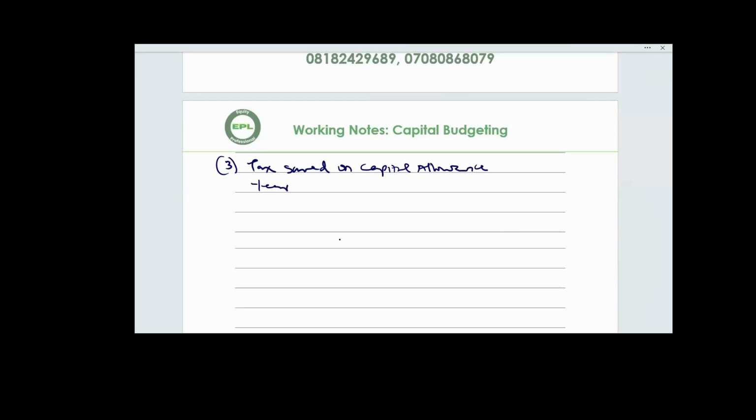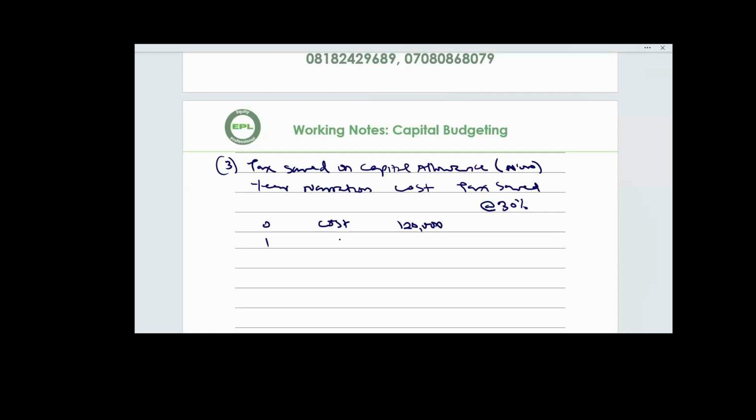Create a column for year, the narration of the items, the cost of the assets, then tax saved at the company tax rate of 30%. Our figures are in thousands. Okay, year 0. The cost of the asset is 120 million naira.